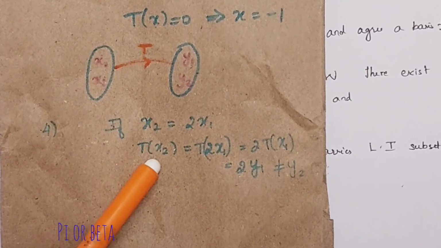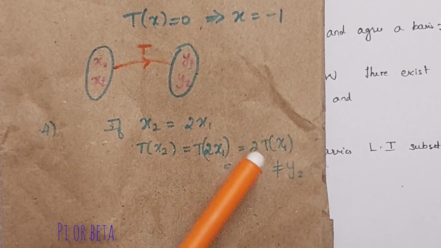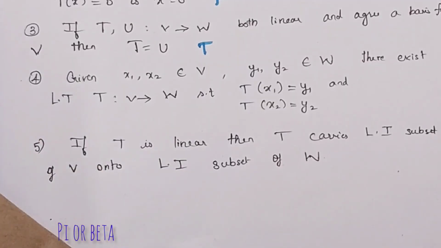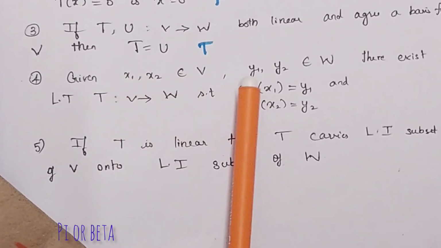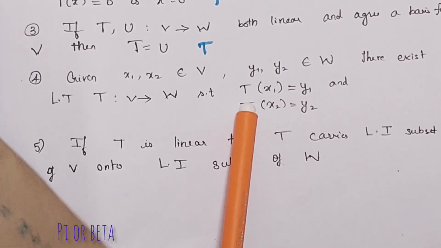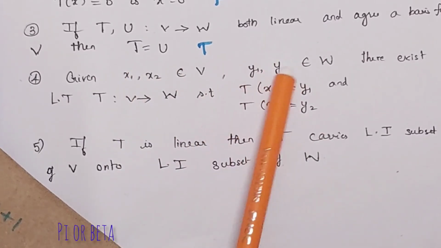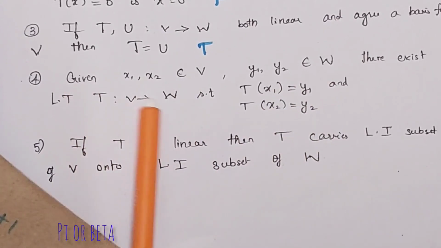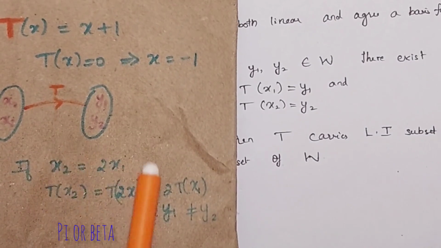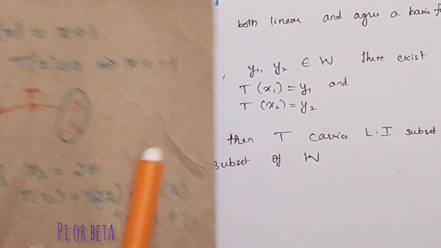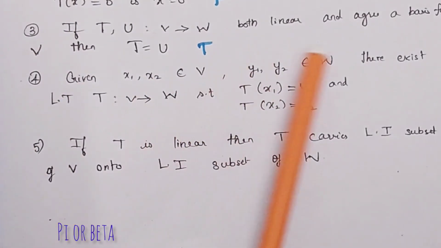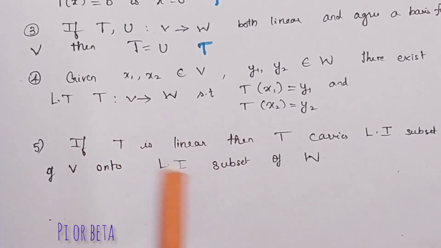Then T of h2 becomes T of 2 times h1, which is 2 times T of h1, which gives you 2 times y1, which is not equal to y2. They fix h1, h2, y1, y2 and then define the transformation, but fixing the relation between h2 and h1 means the y1 and y2 relation must also be satisfied.